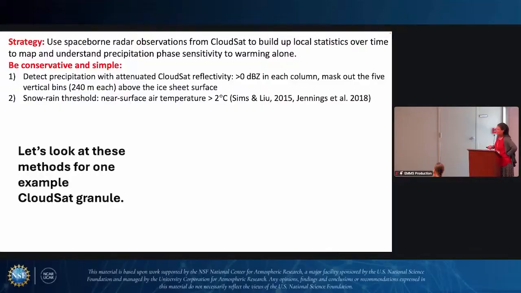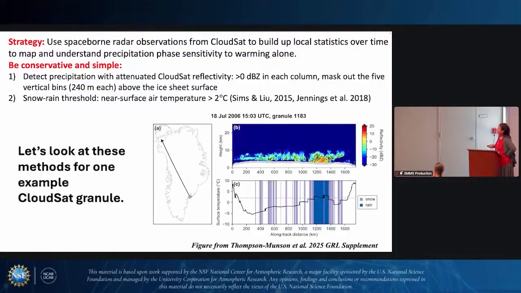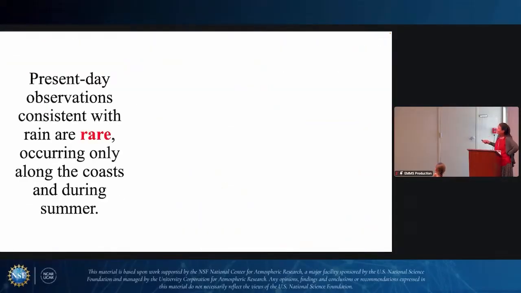So what we can do is look at what this looks like for one data granule. We get these swaths of radar reflectivity, and we can make a transect across the ice sheet whenever the satellite passed over Greenland, and then we can discriminate between rain and snow.